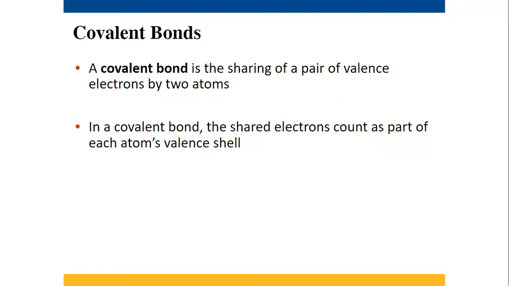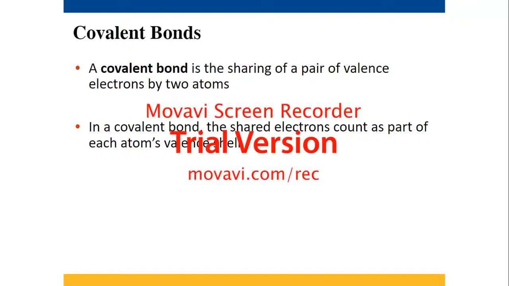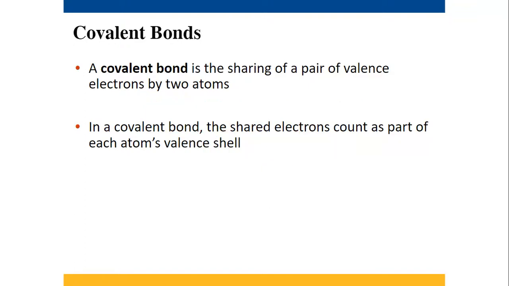That gives the atom that had 7 now 8, and it's going to be negatively charged. The atom that gave away its 1 electron is going to be positively charged. Those are ionic bonds, okay? Things like sodium and chlorine form ionic bonds.